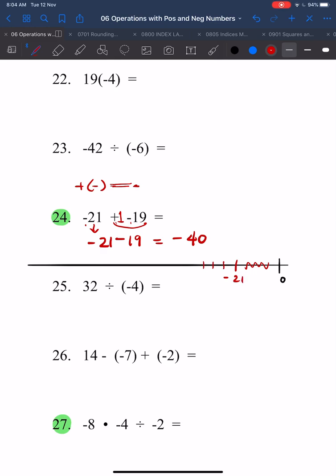And 2, 3, 4, 5, 6, 7, 8, 9, 10, 11, 12, 13, 14, 15, 16, 17, 18, 19. Because this is still negative, so I need to move 19 spaces to the left because it's negative.